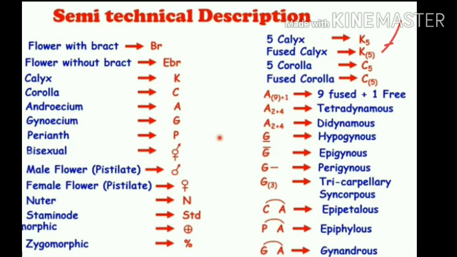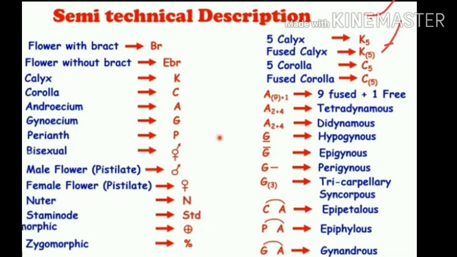In the first one we just represented K5 without discussing whether it is fused, but we understand it is free because there is no bracket. Whereas in fused calyx we represent K with a bracket 5.